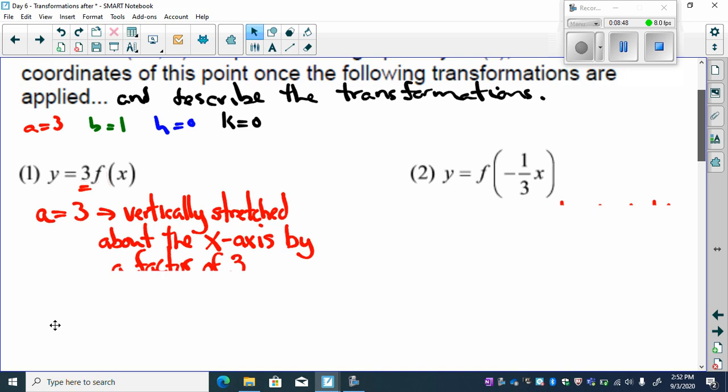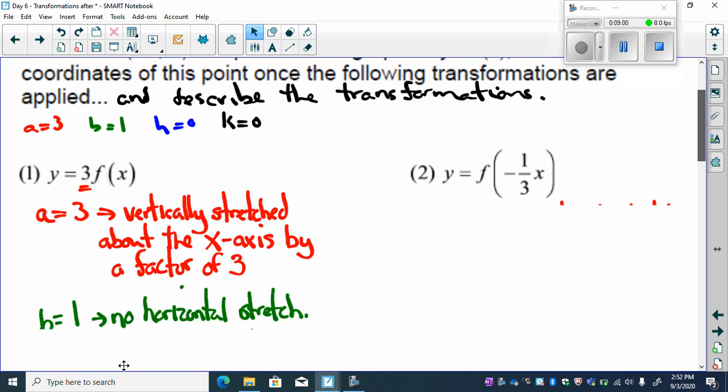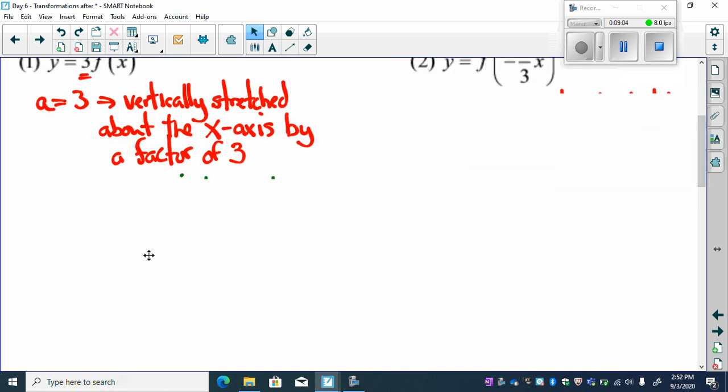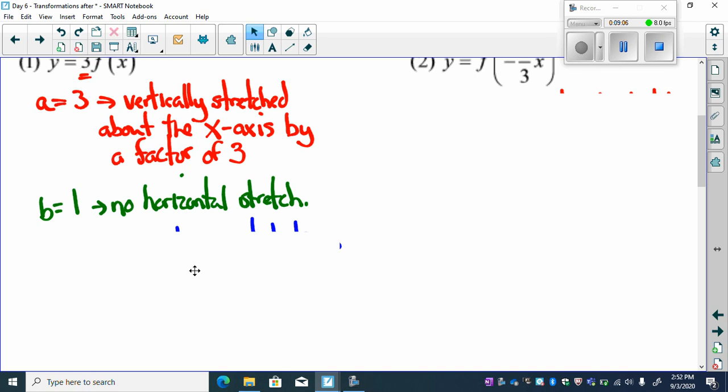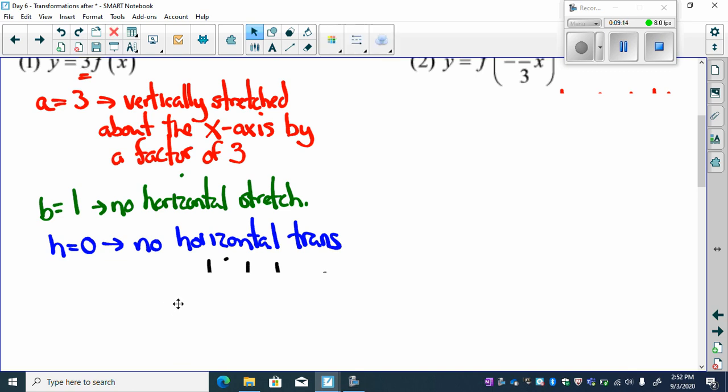So, vertically stretched about the x-axis by a factor of 3. b is 1, which means there's no horizontal reflection and no horizontal stretch. h is 0; remember, that's the horizontal translation, so there's no horizontal translation. And k is 0, which means there's no vertical translation either.